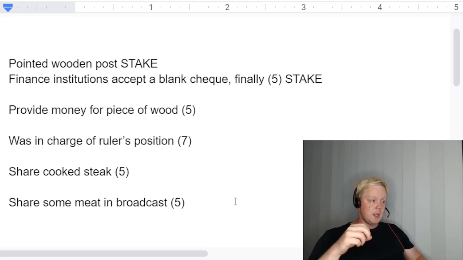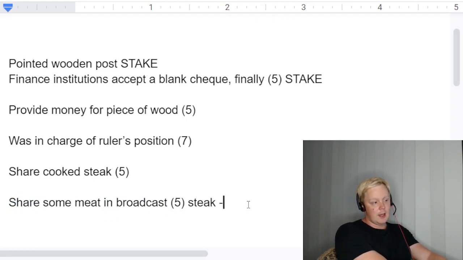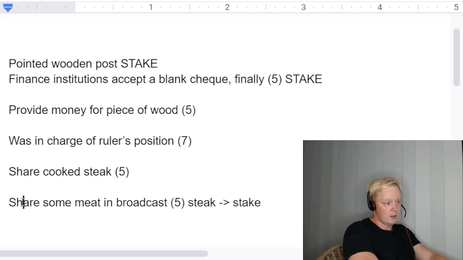So a word that means the same, that sounds the same, but is spelled differently. So for example, here we have some meat. So we have to find a word for some meat, find a homophone for it that means share. Well, some meat can be steak, spelled like this, and its homophone is stake. And again, as a noun, a share is a stake.